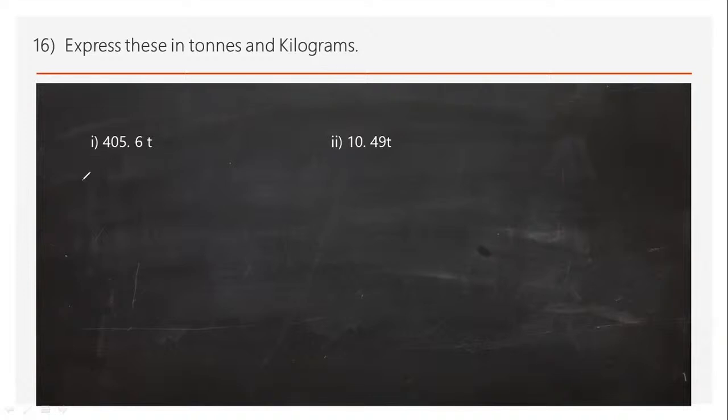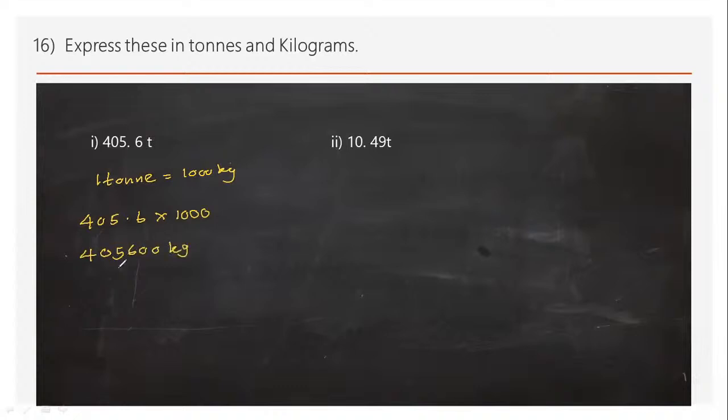So I will do it like this. 1 ton equals 1000 kilograms. Then we can convert this to kilograms. 405.6 times 1000, 3 decimal places, gives 405,600 kilograms.